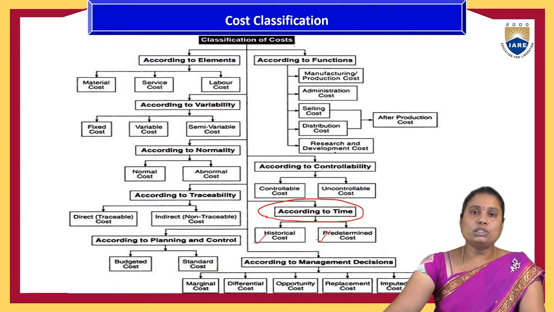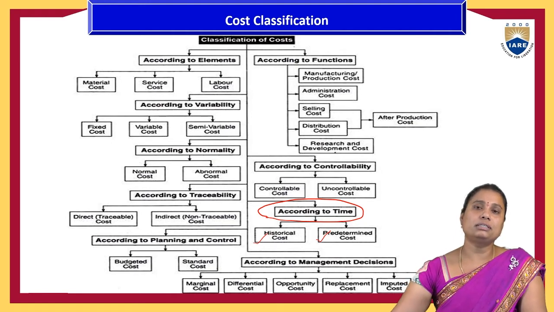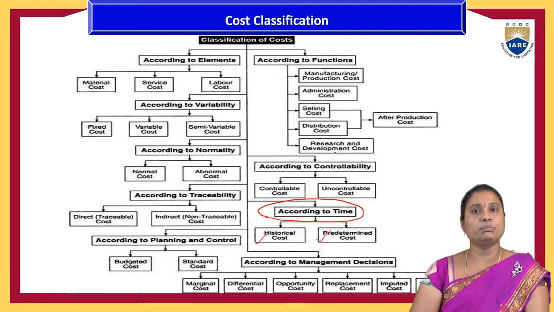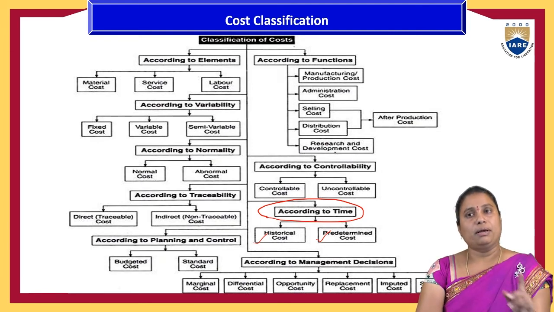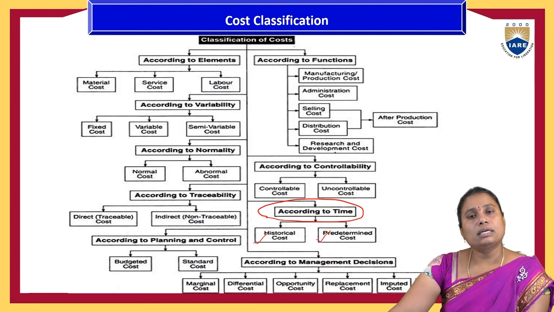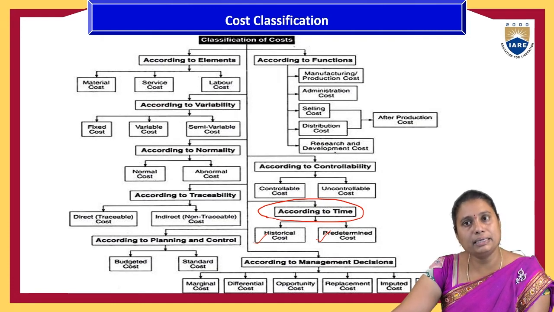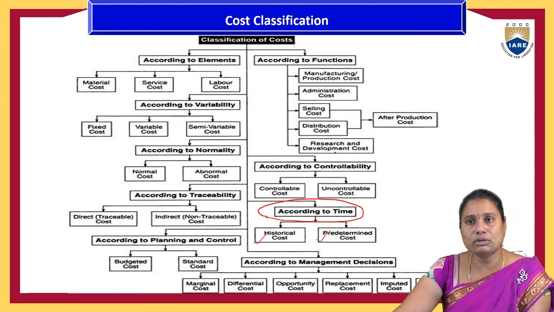And the cost which they are going to spend in the future, with a predetermined element, is called predetermined cost. For example, the cost paid on the particular product's employees, labor, and material, which they have historically been paying and now also have to pay, is called historical cost.